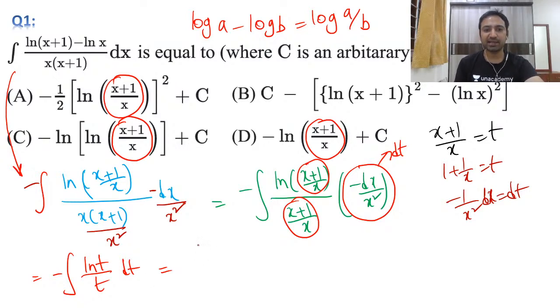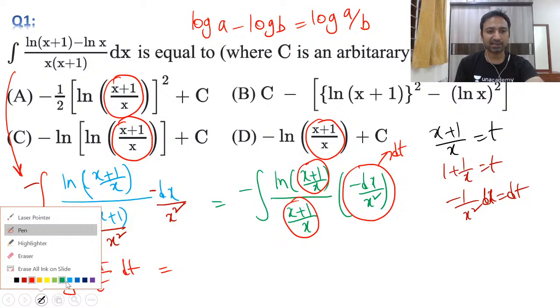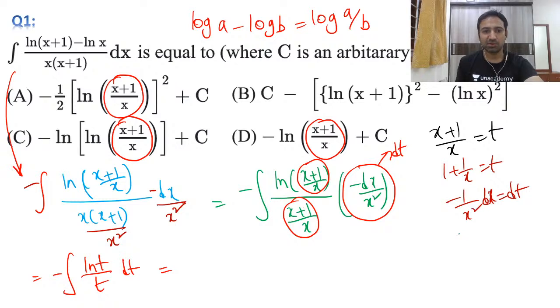If I take log t as y, then 1 by t into dt is equal to dy. So this becomes minus integration of y into dy.